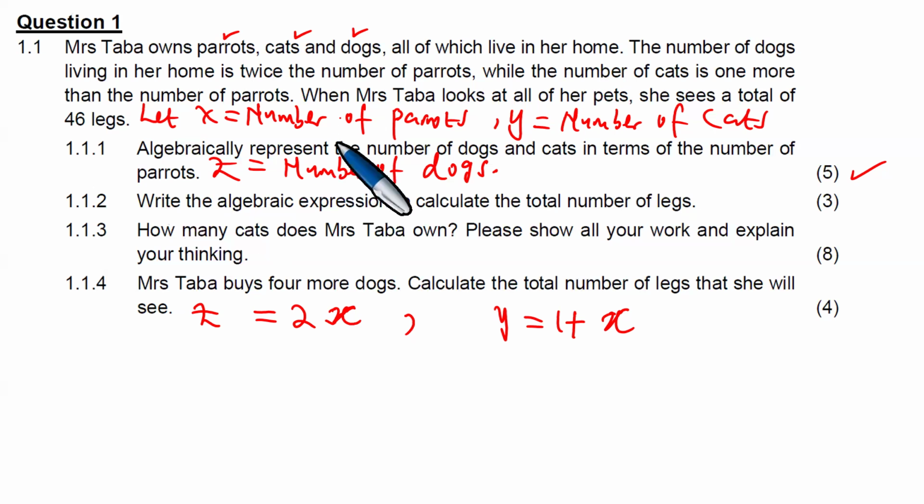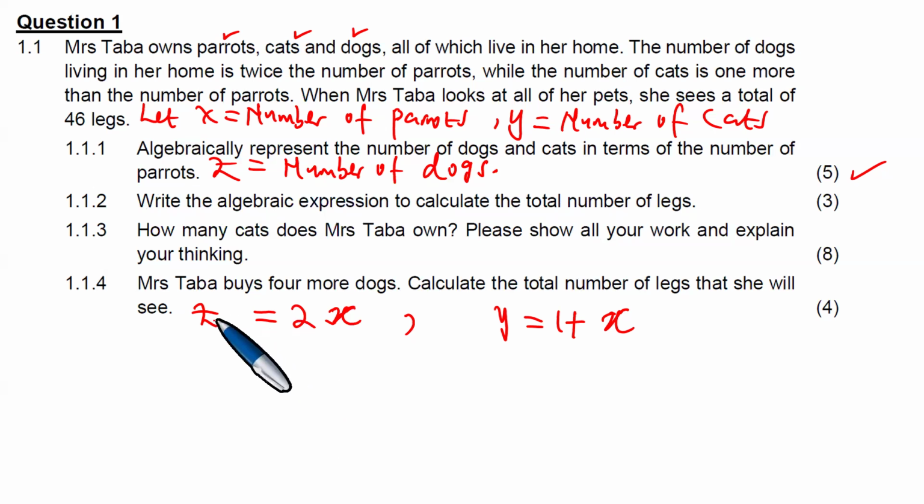But key to that is when Mrs. Topper looks at all her pets. Because in this 1.1.1, it says the number of dogs and cats in terms of the number of parrots. So it's all the animals in one equation: the dogs, the cats, and the parrots.